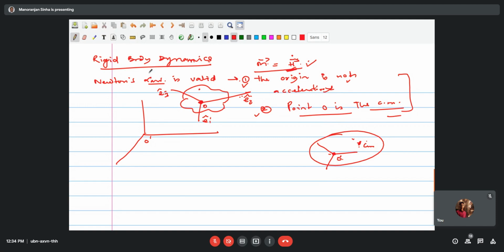So what we are interested in is finding the angular momentum equation for a rigid body. So this is your rigid body, and say this is the inertial reference frame.